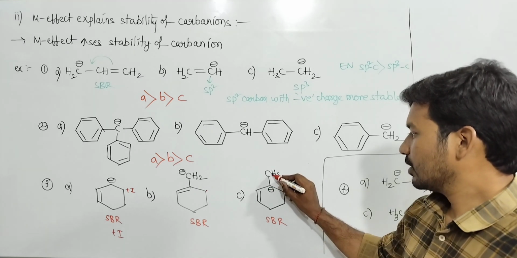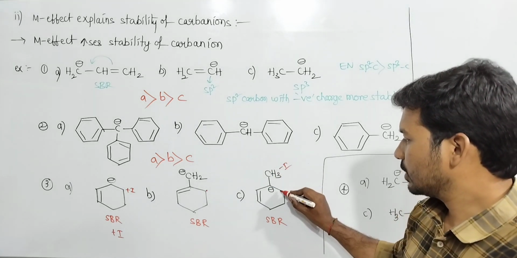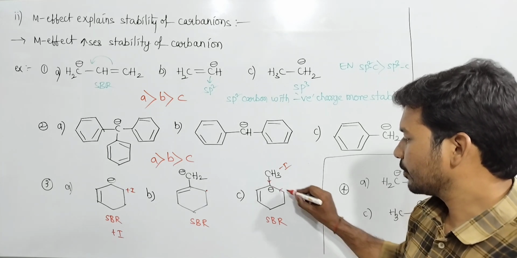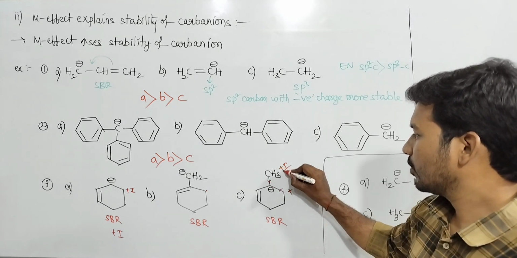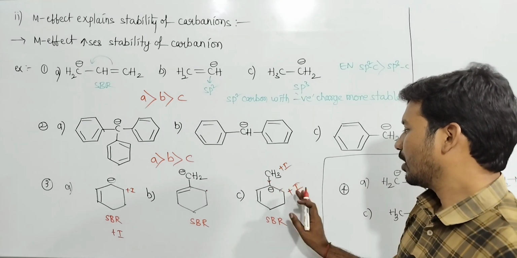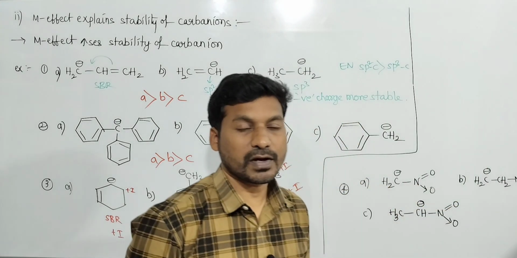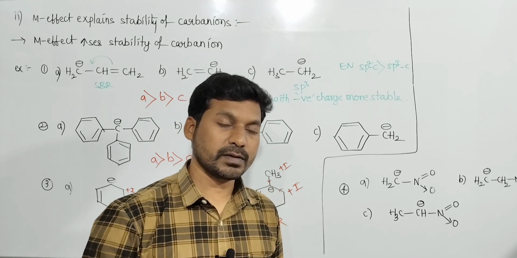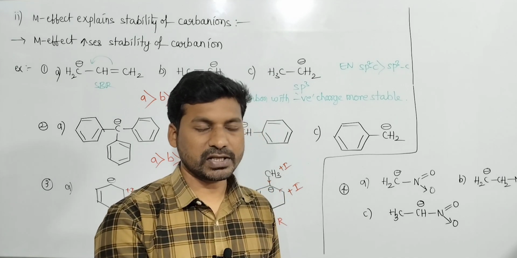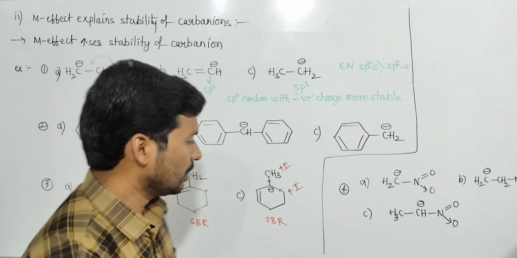This is one plus I group, and this is another plus I group. Alkyl groups are always plus I. CH3, CH2, CH, all are plus I groups. But plus I group decreases stability of carbanion. Plus I group, meaning electron donating group, increases stability of carbocation.